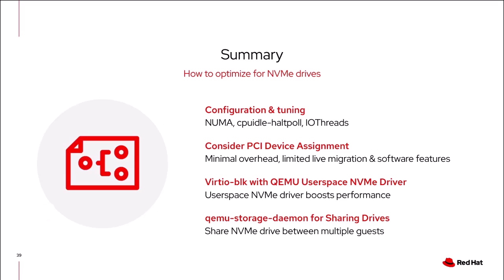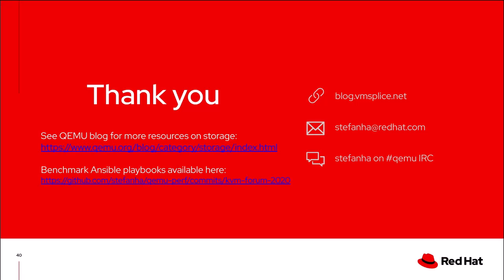But you need to keep in mind the limitations of that feature. And if you decide that you can't use PCI device assignment, then you can use VirtIO block with the Userspace NVMe driver. That will boost performance. And finally, the QEMU storage daemon now allows the sharing of Userspace NVMe drives with multiple guests.